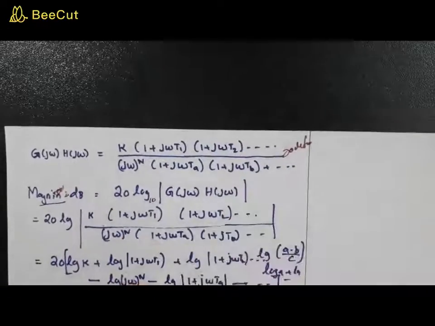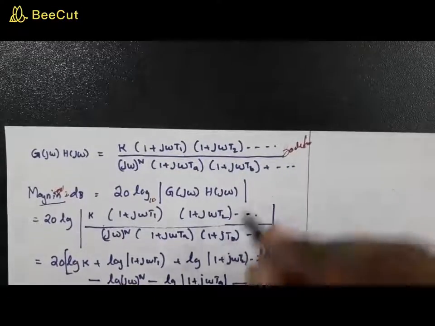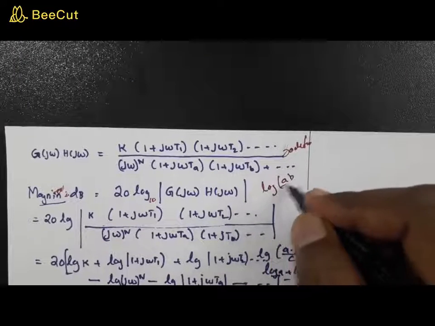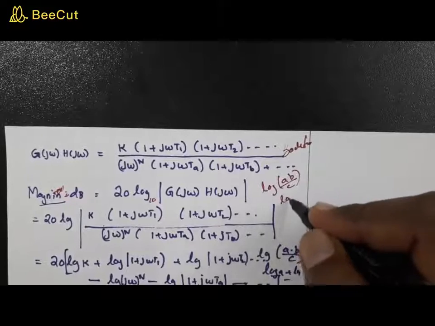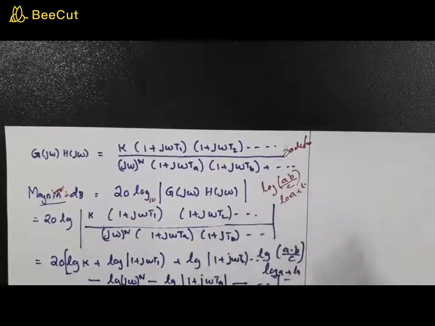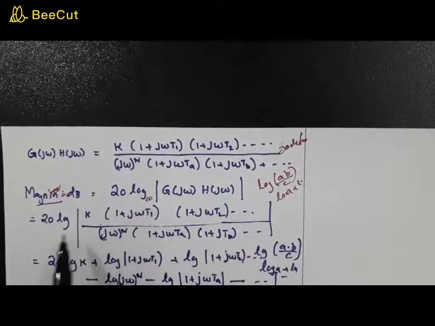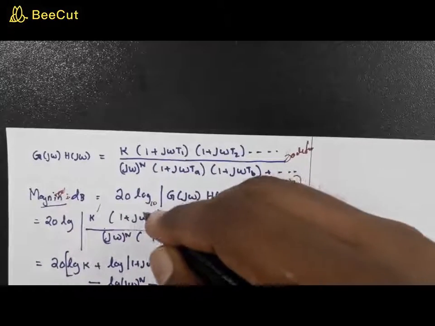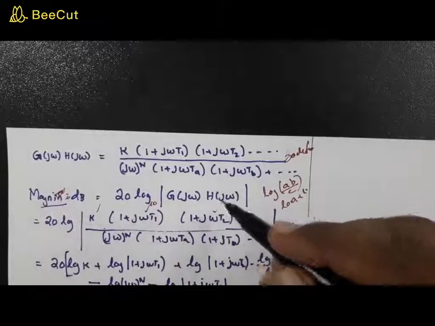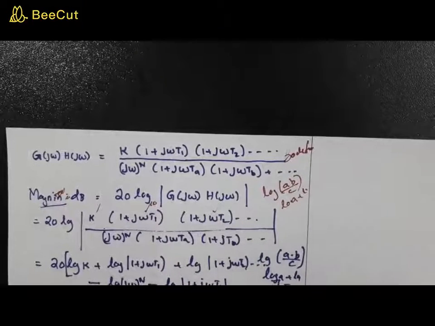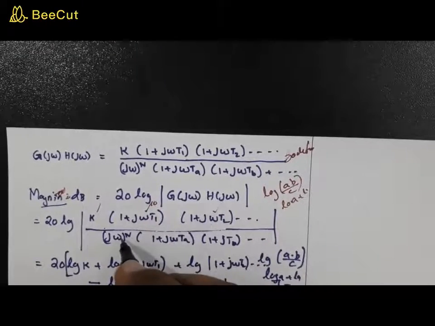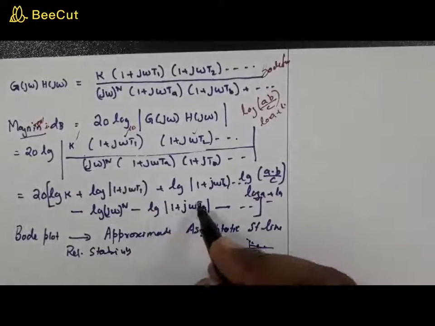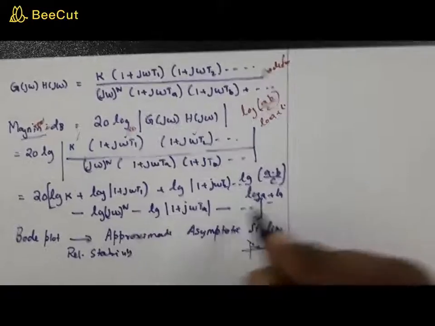This is of the form, suppose you have a logarithm of a into b by c. You can write this as log a plus log b minus log c. Similarly, you can write it like this: 20 into log K plus log of 1 plus j omega T1 plus log of 1 plus j omega T2 minus log, minus log of j omega raised to n, minus log of 1 plus j omega Ta, and so on, right?